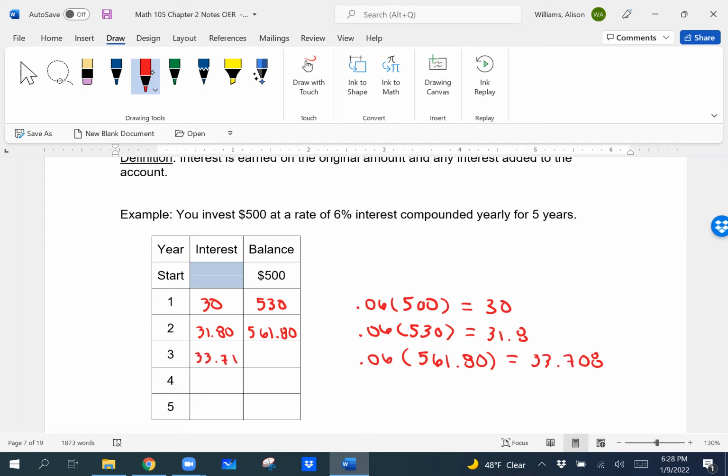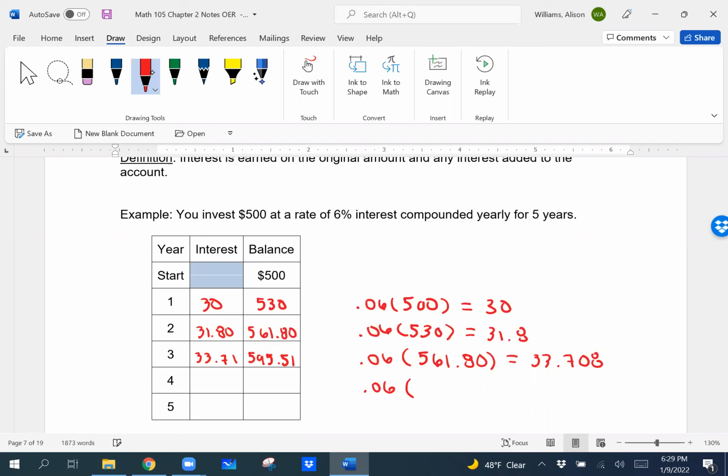So 33.71 added to 561.80. Plugging it in my calculator, I get 595.51 at the end of year 3. So comparing to our simple interest, we're about $5 ahead. So we've earned $5 more using compound interest.